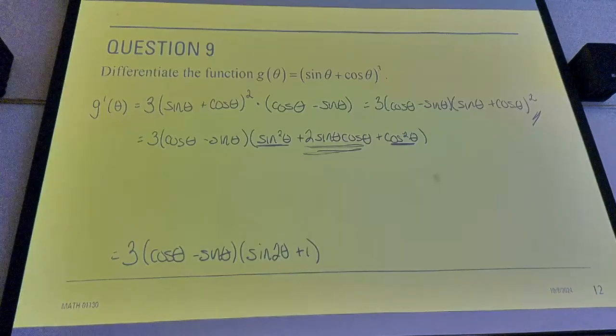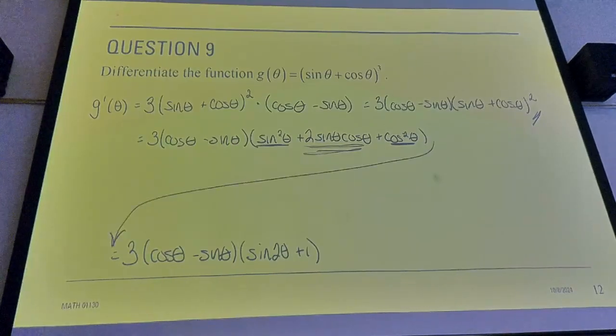Double angle identity for sine. That's sine of 2 theta. So then from there it goes to there, which is a little bit nicer.